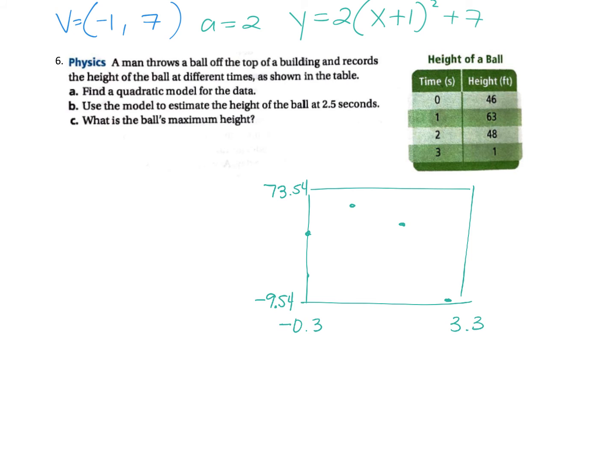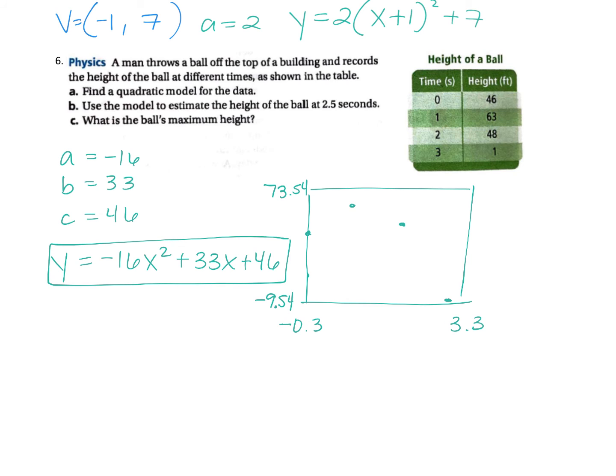So hit stat, and then arrow over to the right to calculate, and then number 5, the quad reg, and then just enter all the way through until you get to calculate, and hit enter one more time, and you get an A value of negative 16, a B value of 33, and a C value of 46. So your equation is y equals negative 16x squared plus 33x plus 46. Okay, so when they ask you for the quadratic model, that's that.